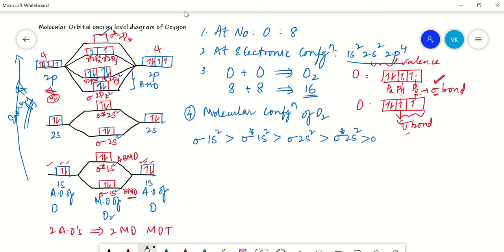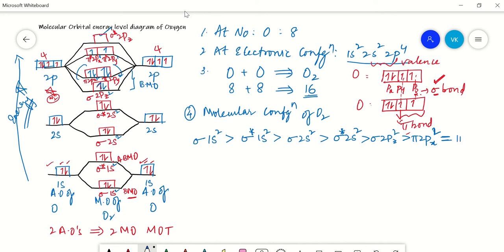And then comes sigma 2pz2, and then comes pi 2px2, and equal to, we are writing the equal to symbol because these two orbitals are at the same energy level, so both orbitals have the same stability.